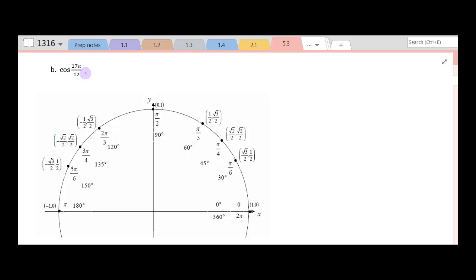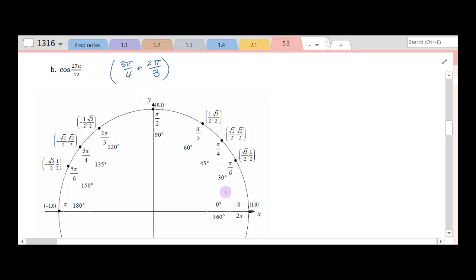Okay, so if I were to just figure out angles that added, not subtracted, which I could have done too, but if I just was focusing on two angles that added together to give me 17 pi over 12, you could have come up with possibly 3 pi over 4 and 2 pi over 3. Those two angles, which occur here on the unit circle, add to give me 17 pi over 12.